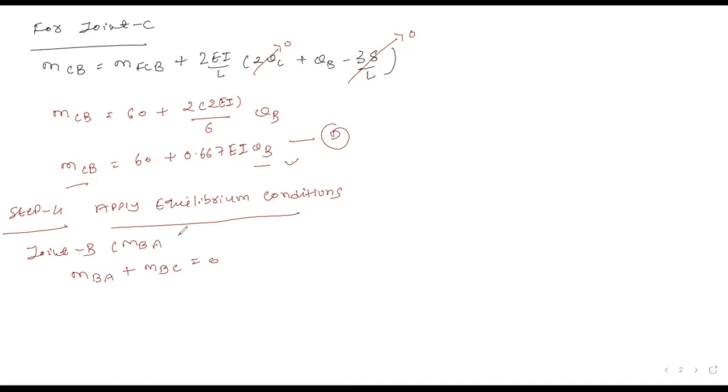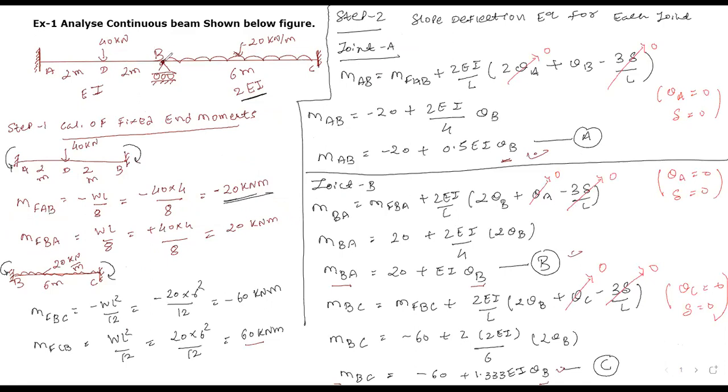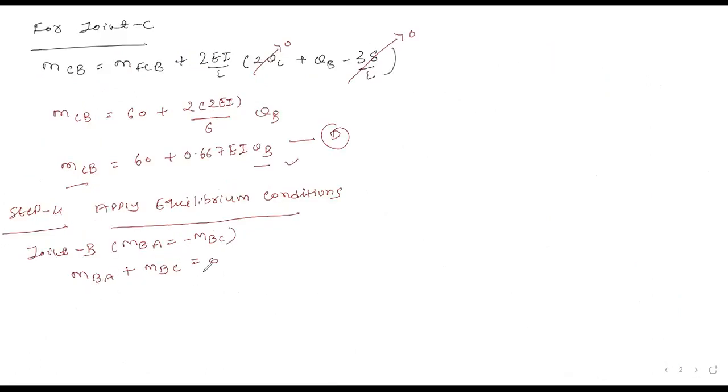As we have discussed, MBA equals minus MBC. As I have explained to all of you, the moments MBA and MBC must be in equilibrium condition, so we can say that MBA and MBC should be equal and opposite in nature. So from that, can I write like this? MBA plus MBC equal to 0. Yes or no? Please confirm me. Fine?